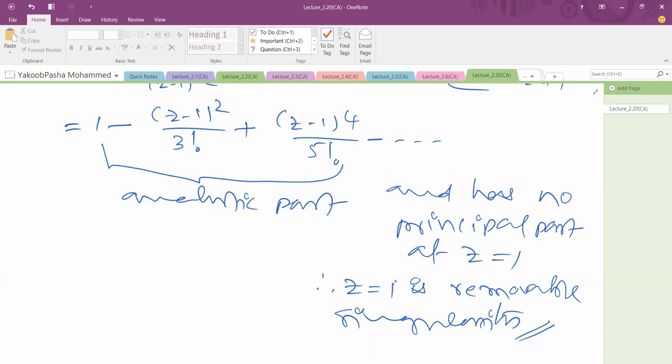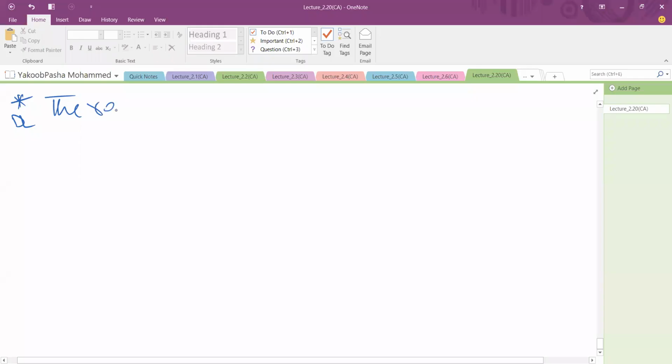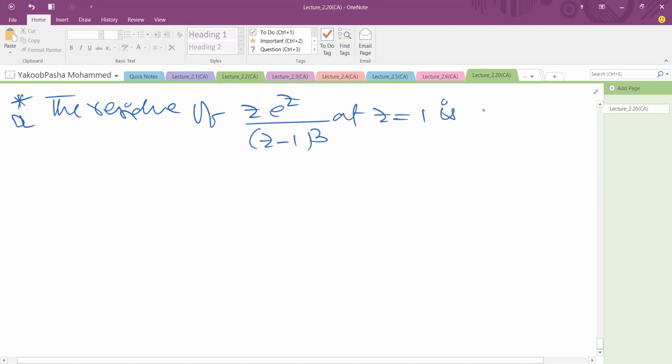The residue of z into e to the power of z divided by (z minus 1) whole cube at z is equal to 1 is.